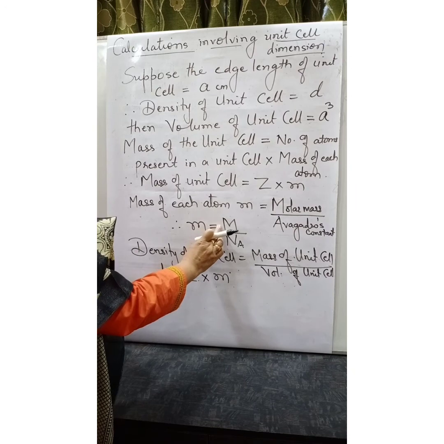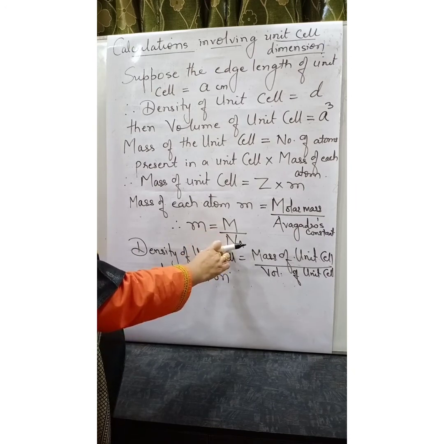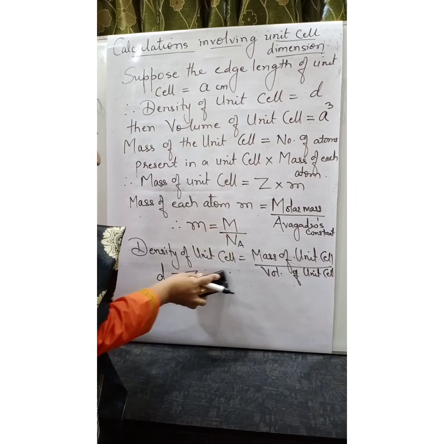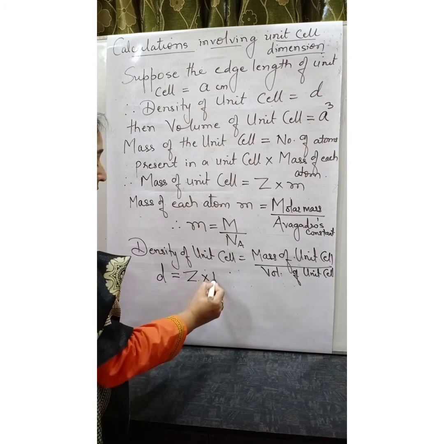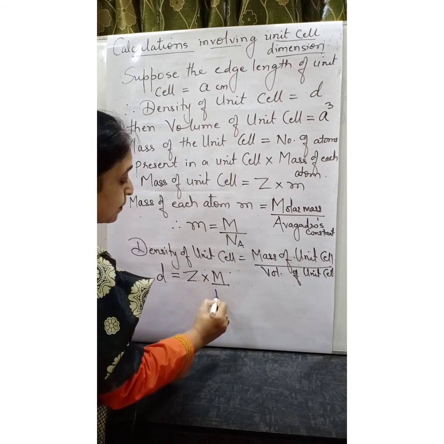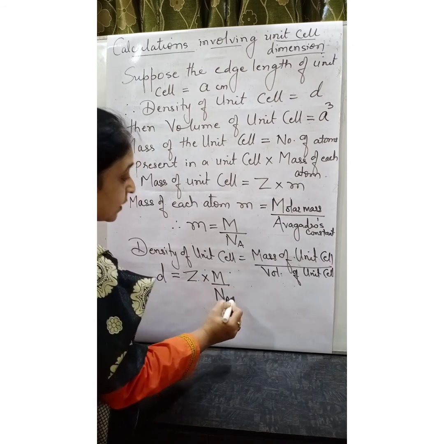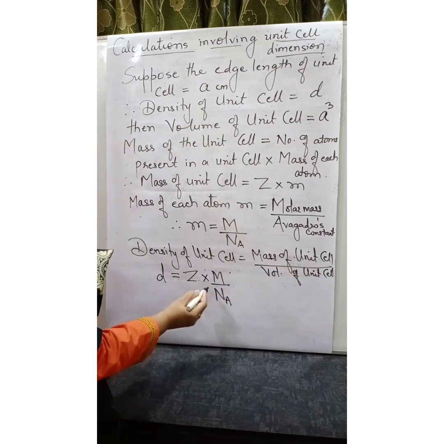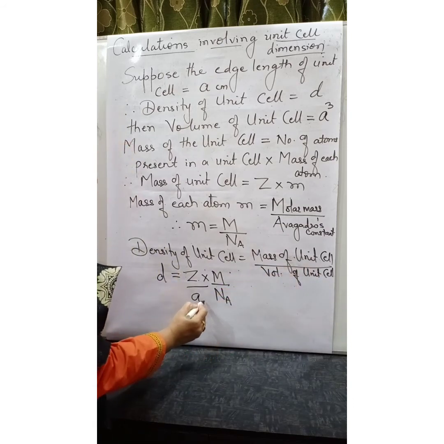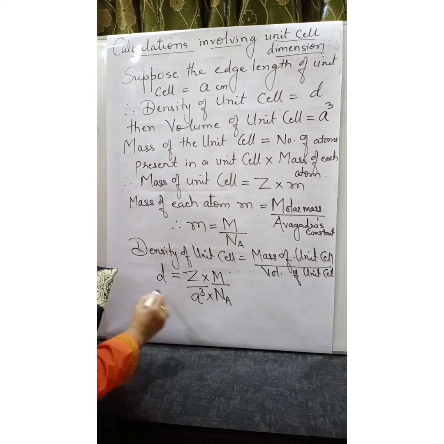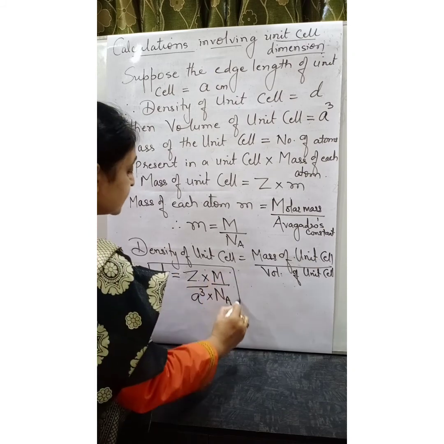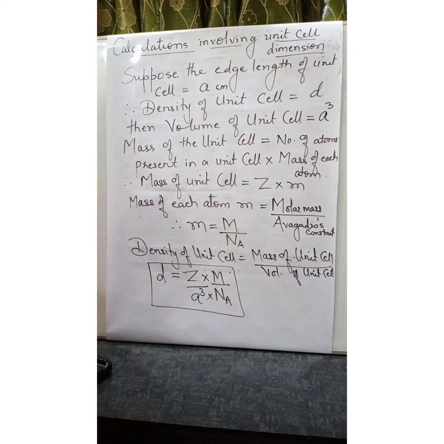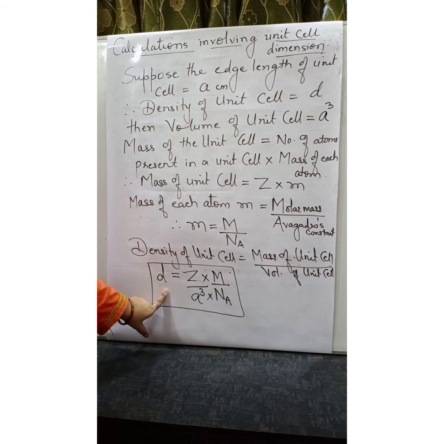Small m is molar mass upon Avogadro number. So you can replace this small m by capital M upon Na, upon volume of unit cell, a cube. So this is the formula for determining the density of unit cell.